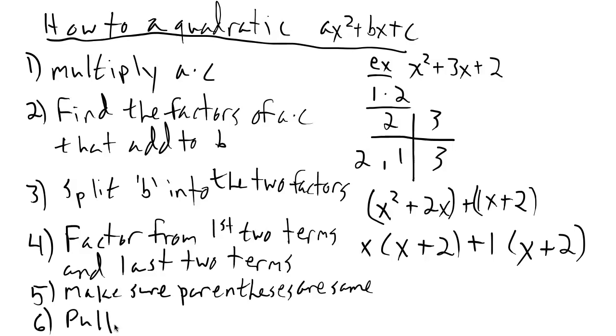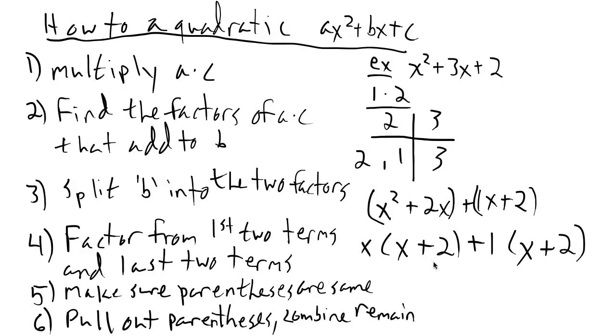So we pull out the x plus 2 and the x plus 2. Those become x plus 2. Then we pull our x and our plus 1, and those become our other term. We get x plus 2 times x plus 1.